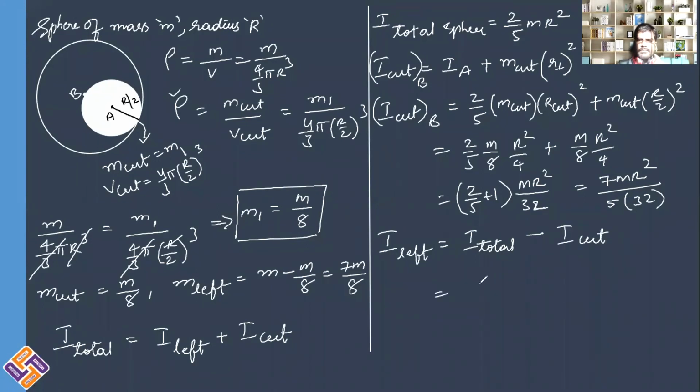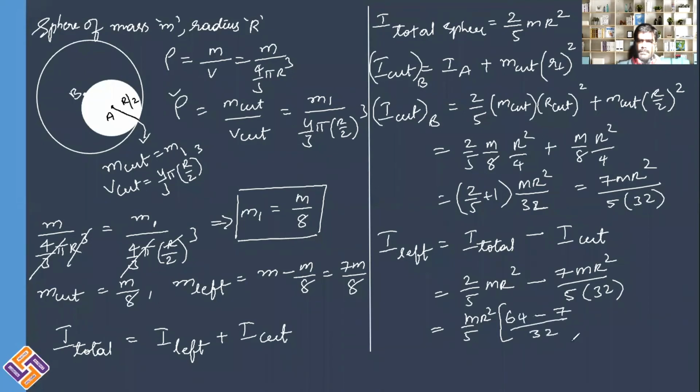Now the moment of inertia of the total mass is known to you, 2 by 5 mr square, minus the moment of inertia of the cut portion, which is 7 mr square divided by 5 into 32. You can take mr square divided by 5 common. It is 64 minus 7 divided by 32.